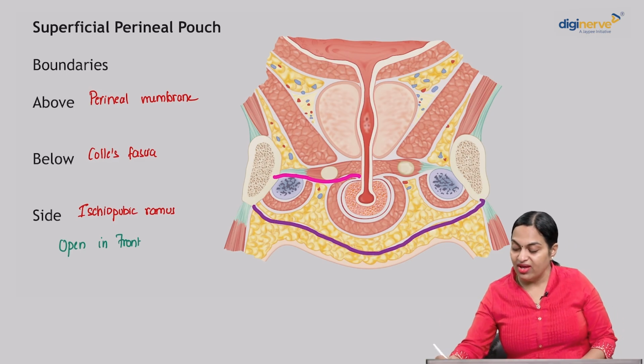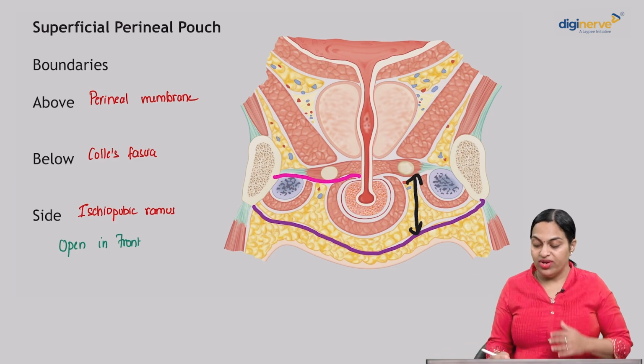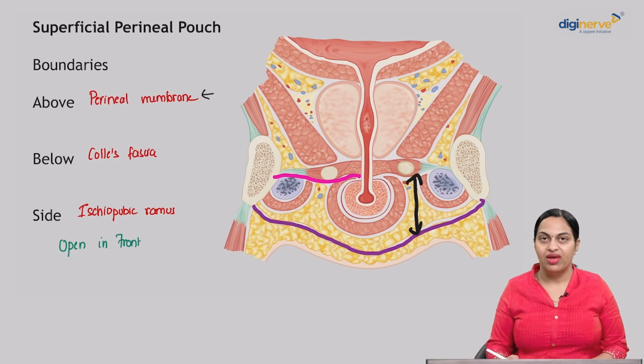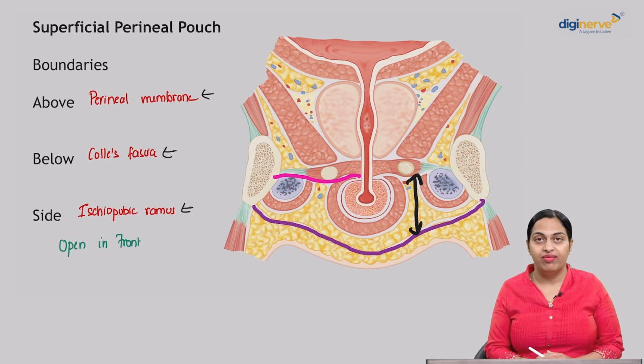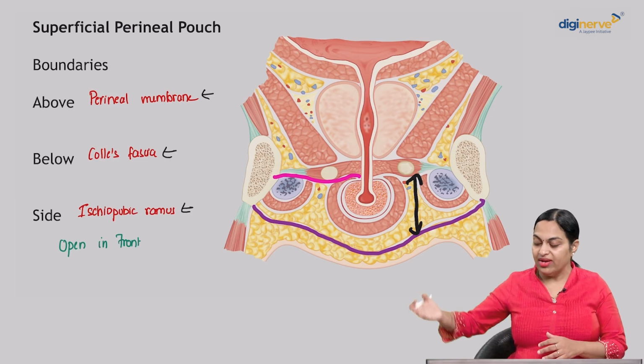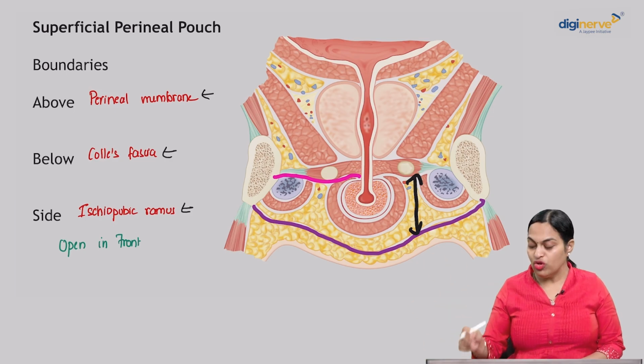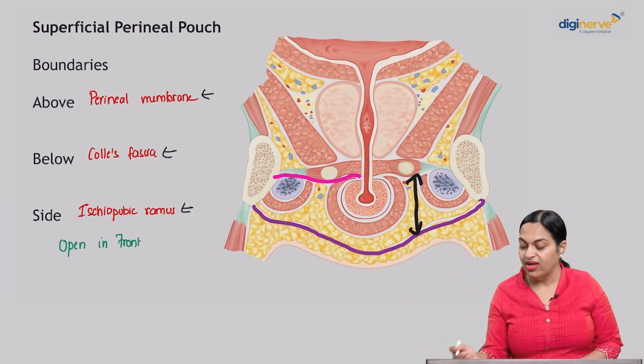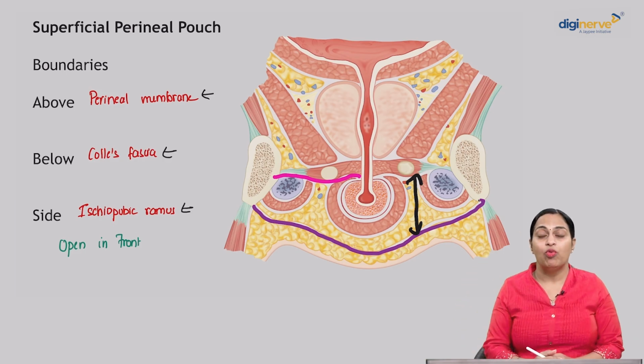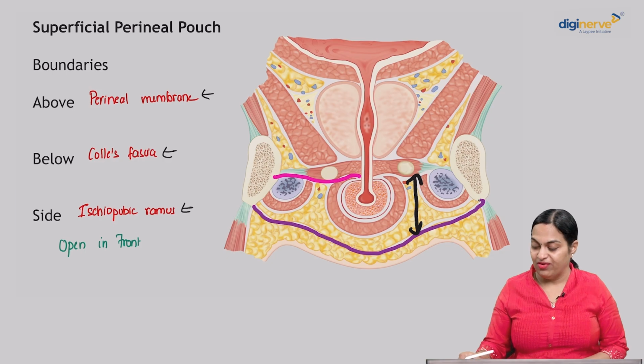So this area is the superficial perineal pouch. It is bounded above by the perineal membrane, below by the Colles fascia, on either side by the ischiopubic ramus. Behind, it is closed by the fusion of this Colles fascia with the posterior aspect of the perineal membrane, but it is open in the front.